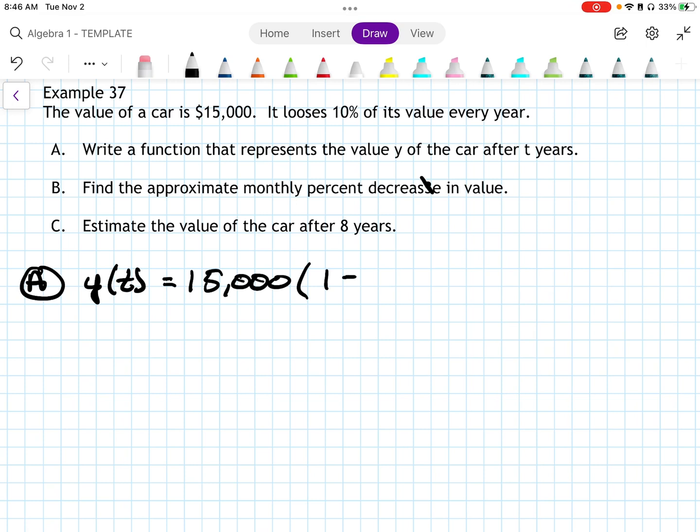This is going to be my rate, which is 0.1 over how many times does it compound each year? Oh, this is just a full year. So I can just say 0.1 to the t. So simplifying this a little bit, y of t would be 15,000 times 0.9 to the t.